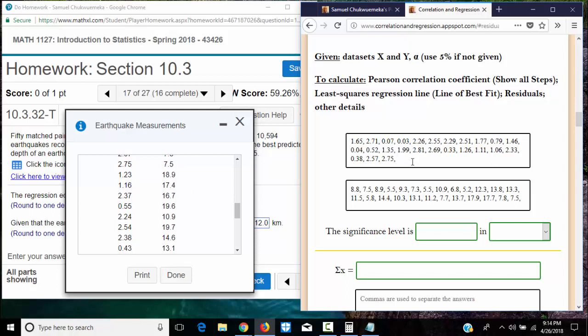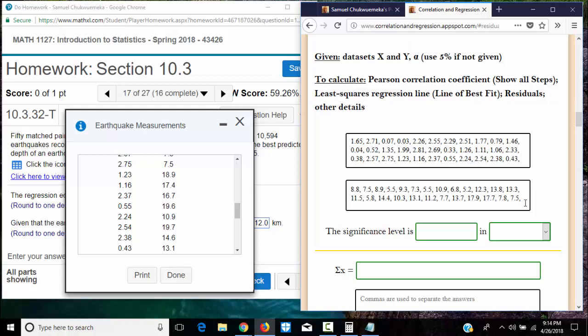Then here we have 1.23, 1.16, 2.37, 0.55, 2.24, 2.54, 2.38, 0.43.